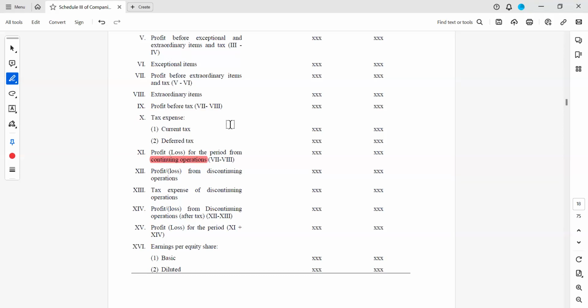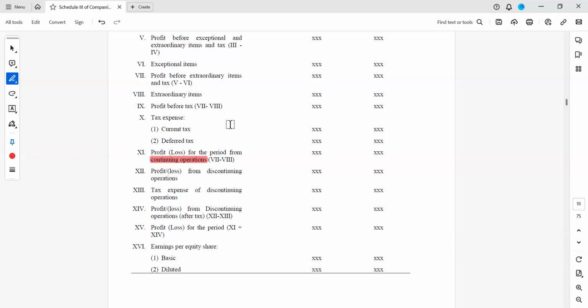Suppose today I am filing the application in NCLT, saying that from 1st April 2023 I want to sell this particular unit to somebody.